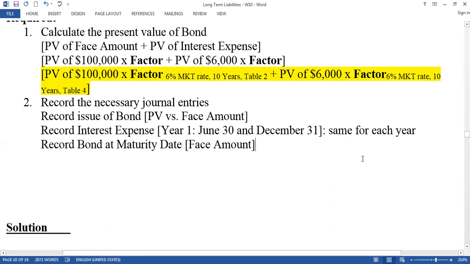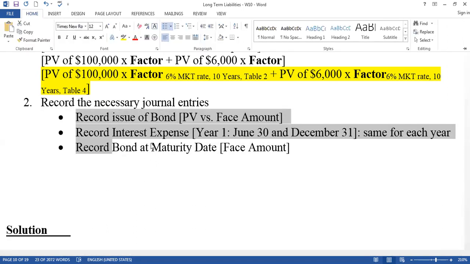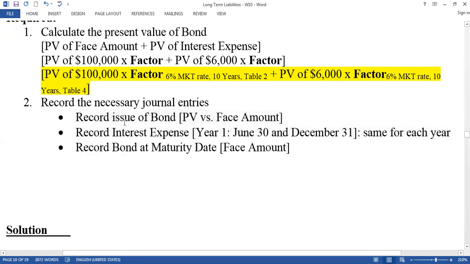When we record the issue of the bond, we compare our present value and our face amount. But when we record the maturity of the bond, then we use the face amount. We pay the face amount.